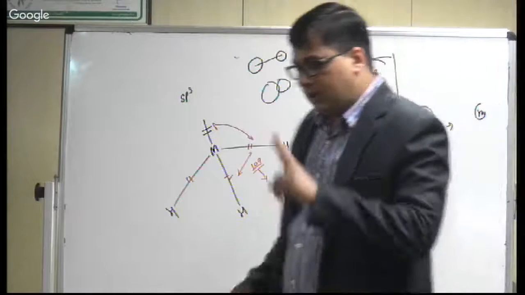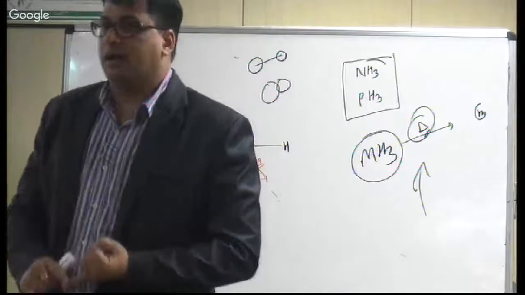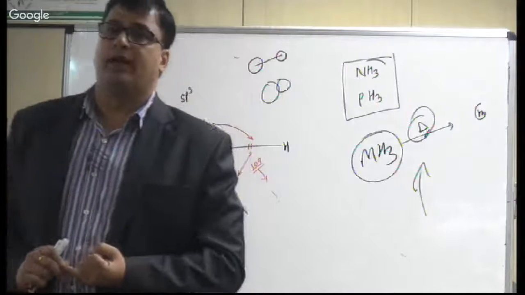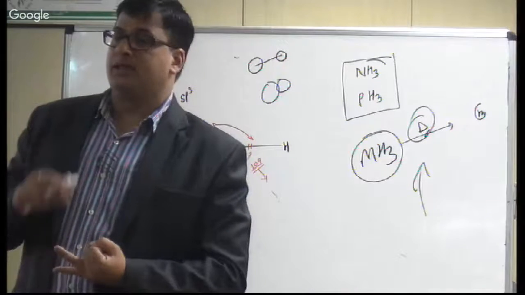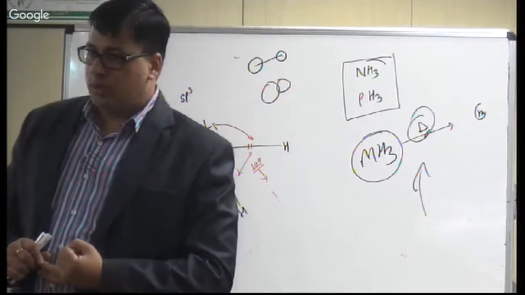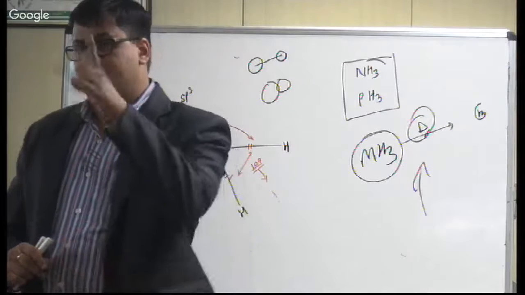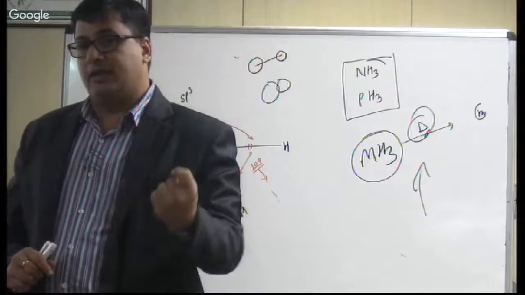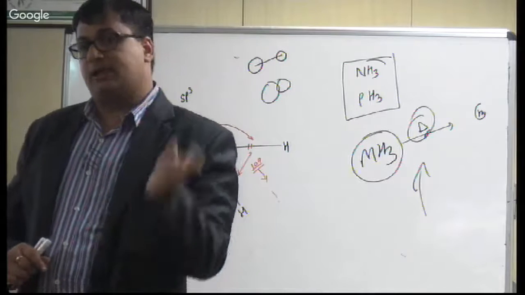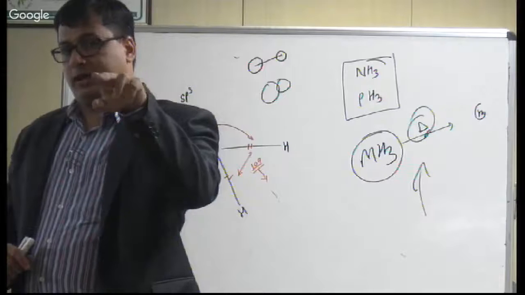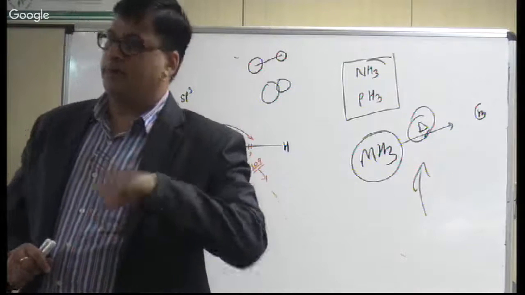So there are two things. One is bond angle: if you go down the group, the bond angle decreases. Second is thermal stability: if you go down the group, the thermal stability decreases. Most stable is NH3, least stable is BiH3. Highest bond angle is NH3 and lowest bond angle is BiH3.